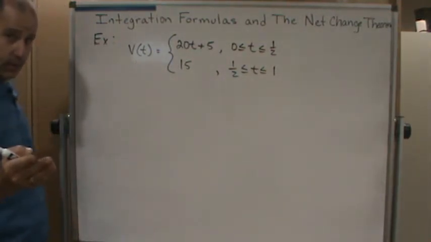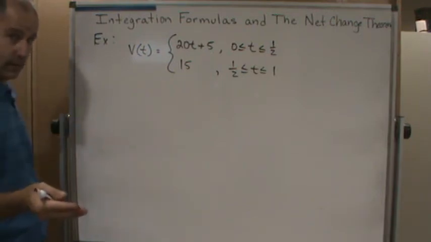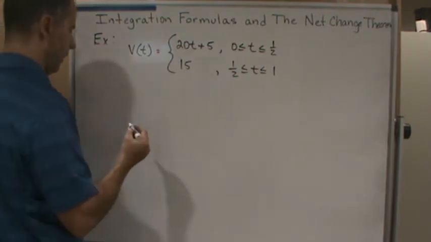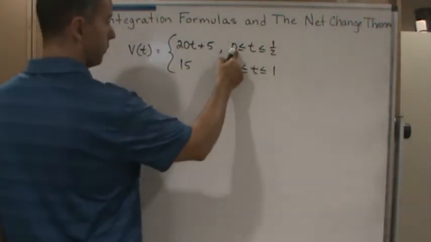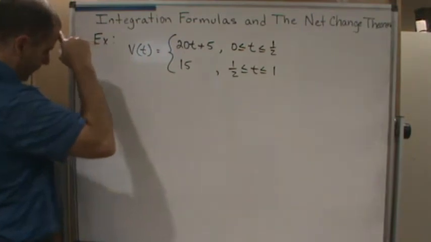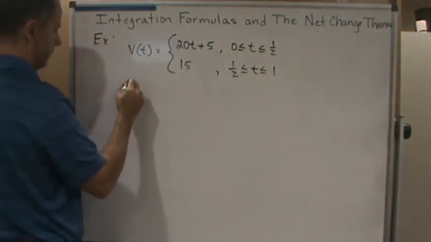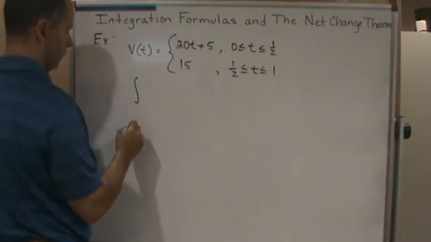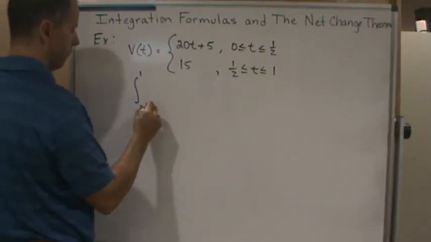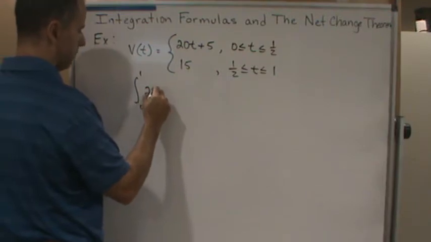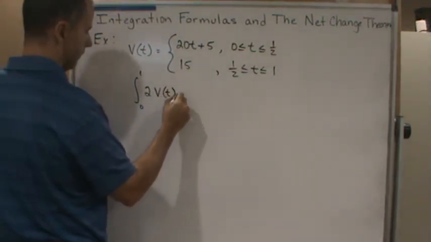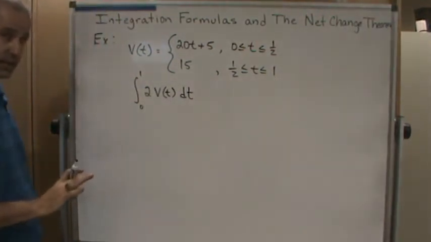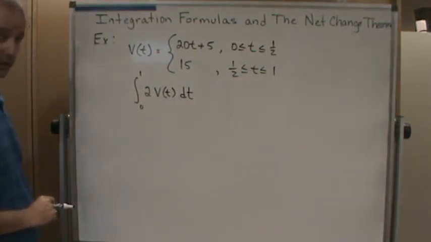His boat travels at twice the wind speed. So the way we'd set this up is we're going from 0 to 1, and so the integral to represent his total distance would be the integral from 0 to 1 of 2 times v of t dt. So that's the way we set this up from the very start.